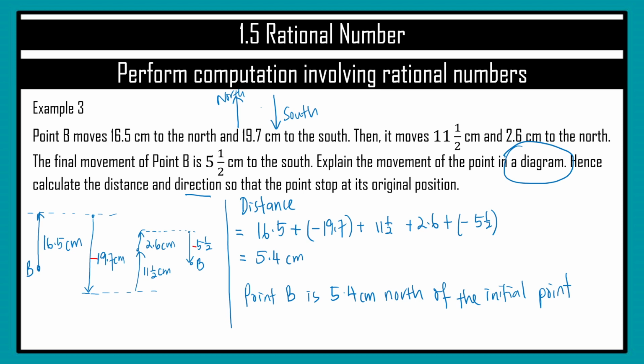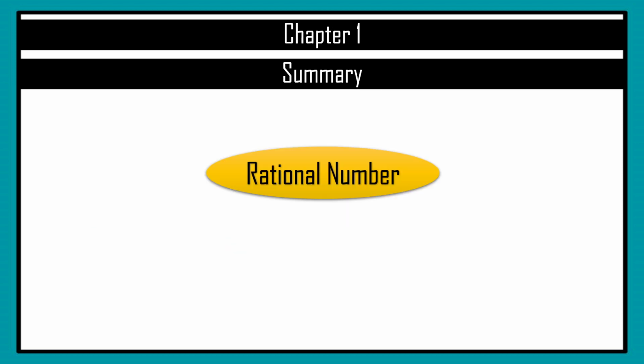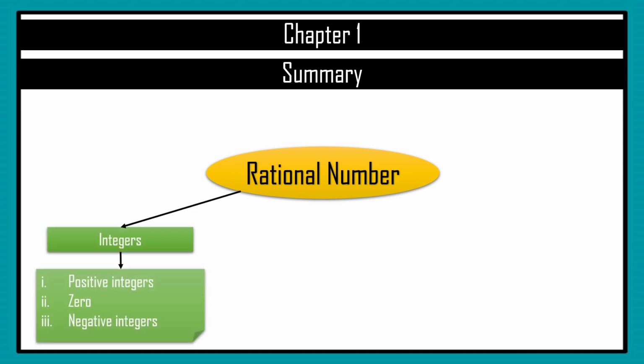So before we end this chapter, let's look at the summary of chapter 1. What have you learned so far? In chapter 1, which is rational numbers, first you learn about integers, where you learn about positive integers, the zeros, and the negative integers.